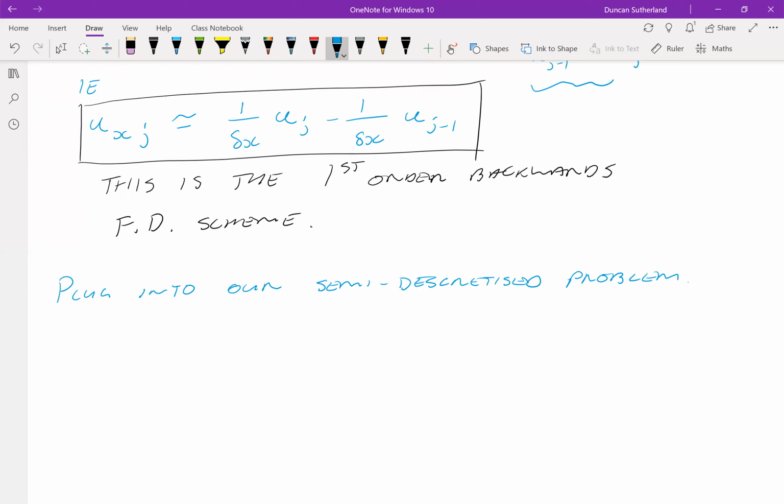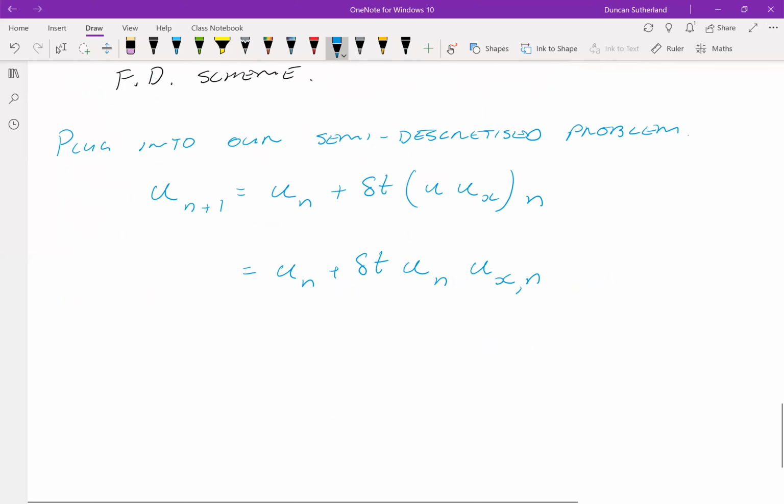We plug this into our semi-discretized problem. That is, we've already discretized in terms of time. U^(n+1) equals U^n plus delta t ux evaluated at n, right? So obviously this is a product of u. We'll just say that we approximate this as U^n ux at n. These are still time levels.